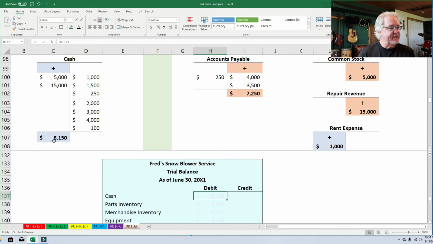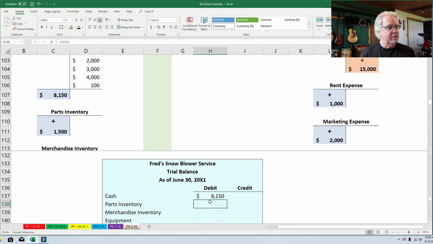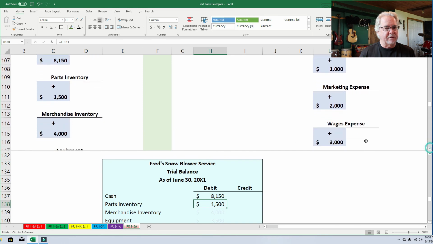All you do is say, well, how much cash do they have? $8,150. So you just drop it in there, $8,150. How much do they have in parts inventory? $1,500. Drop that down. How about merchandise inventory? $4,000.